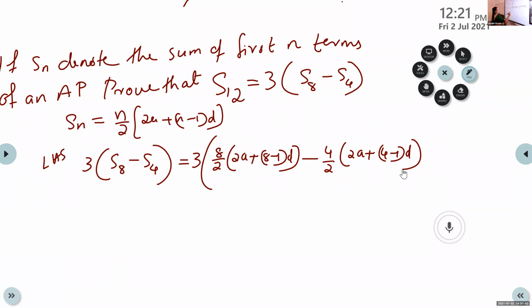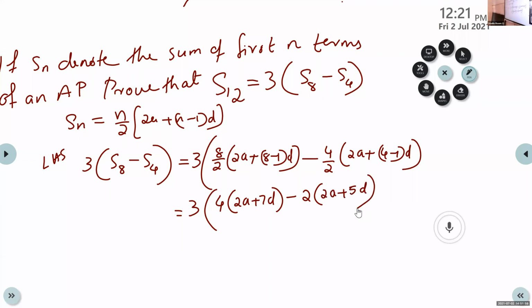So this is equal to 3 into 4 into 2a plus 7d minus 2 into 2a plus 5d. Remove the bracket.